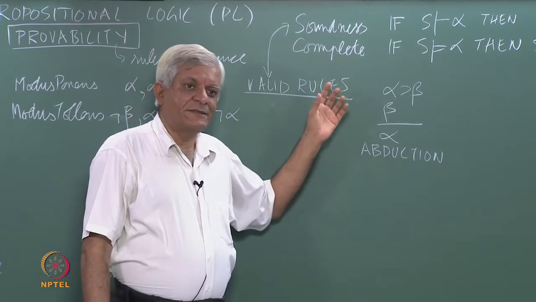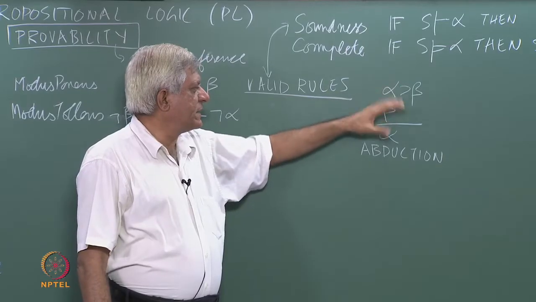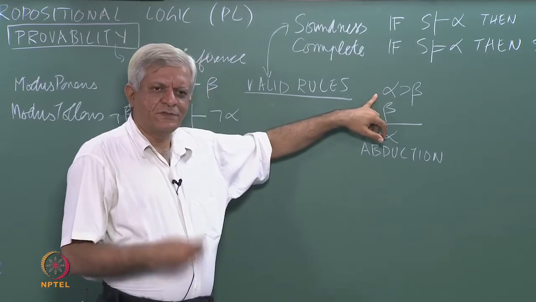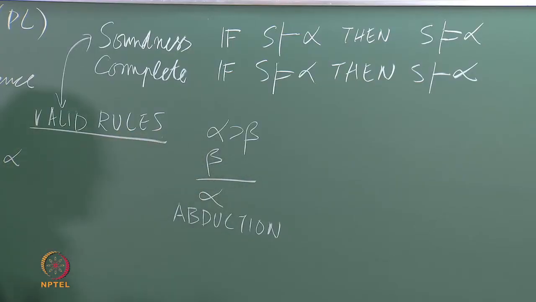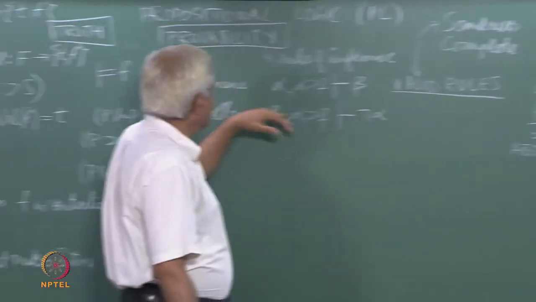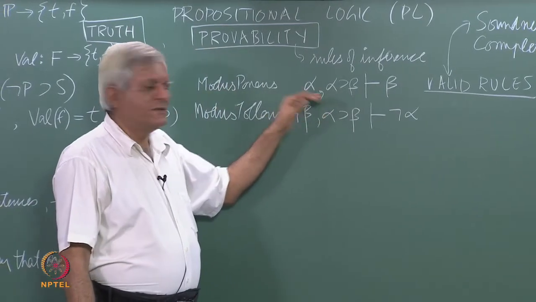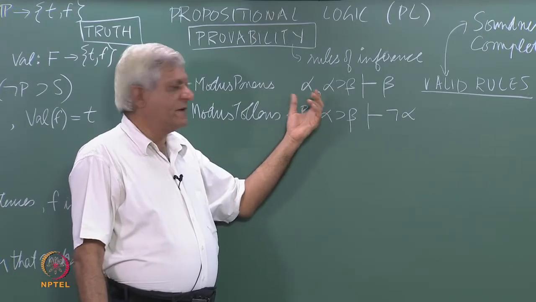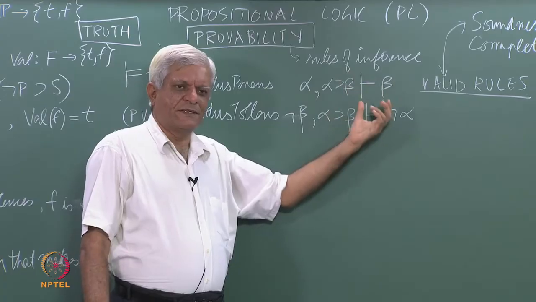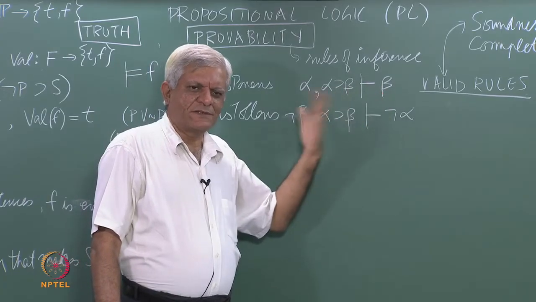It does not mean that anybody who staggers is drunk essentially. Whereas, if you say that somebody is drunk and you have the rule that people who are drunk stagger, then you can infer that the person will stagger, because the rule actually says that essentially.